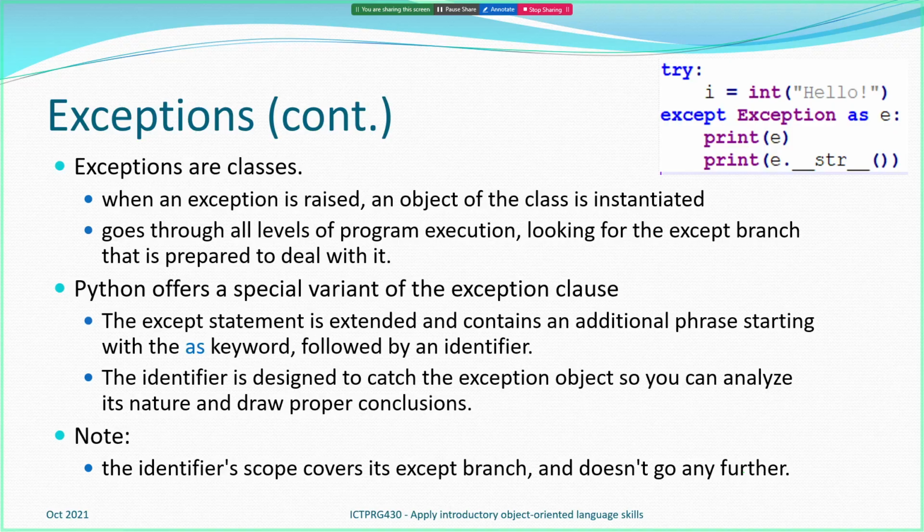Now, exceptions can be classes. Surprise. So when an error is raised, the object is created. So we can go through the branch and expand the except function with the as keyword.